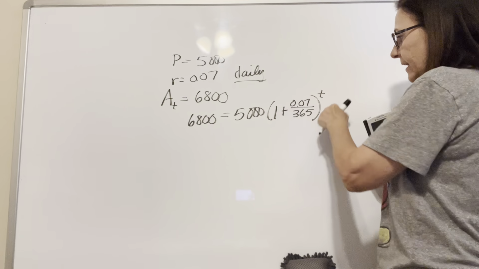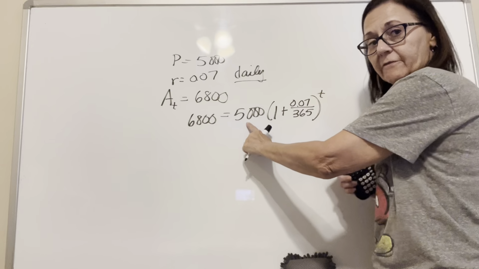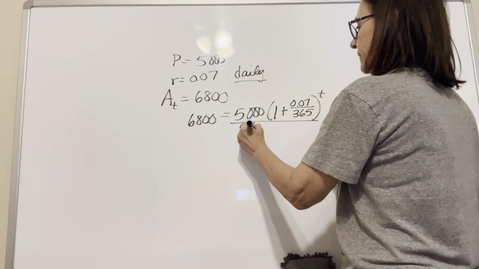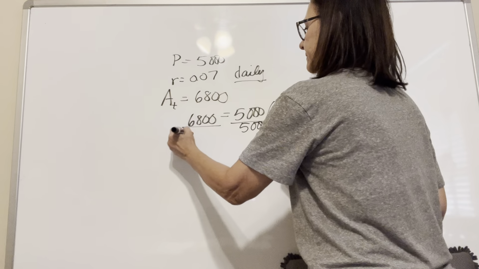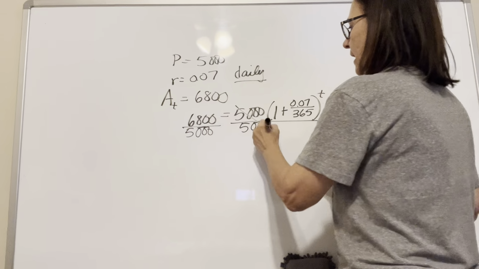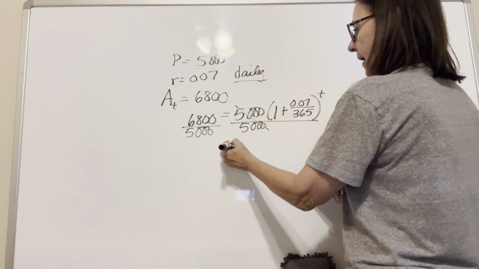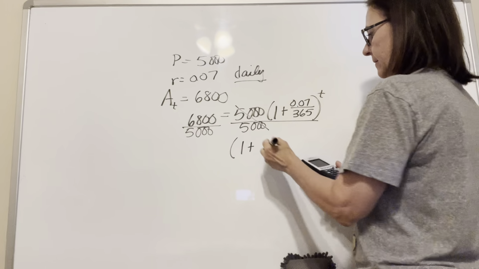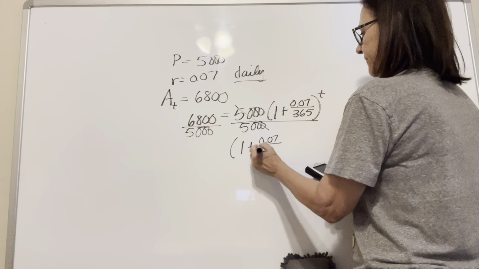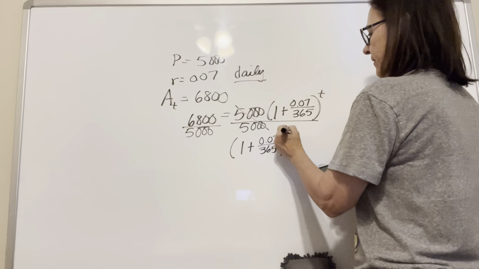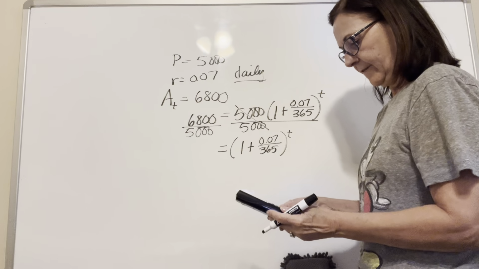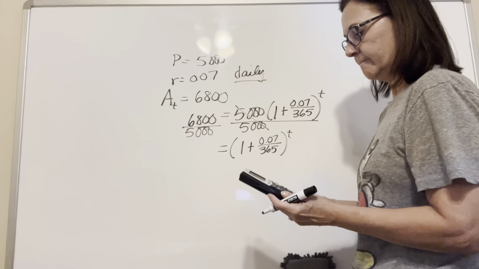So I want to isolate this term. 5,000 is multiplied by it, so I'm going to divide both sides by 5,000. I can simplify terms that are multiplied. On the right-hand side, I'm left with 1 plus 0.07 over 365 raised to the time. And 6,800 divided by 5,000 is 1.36.